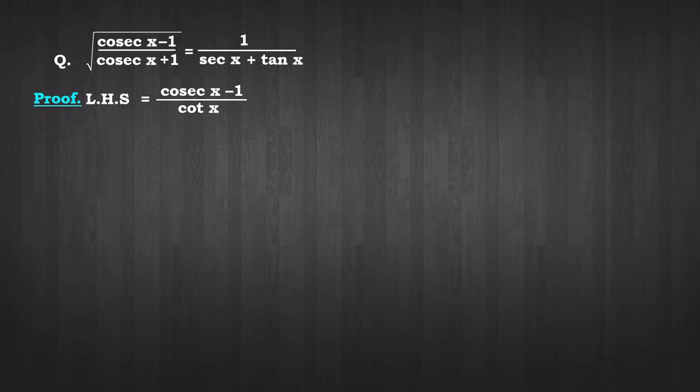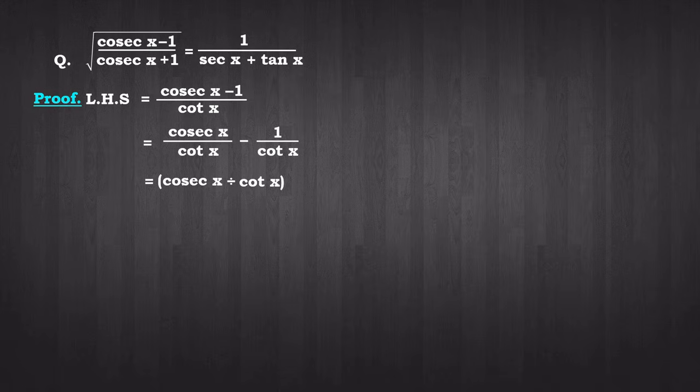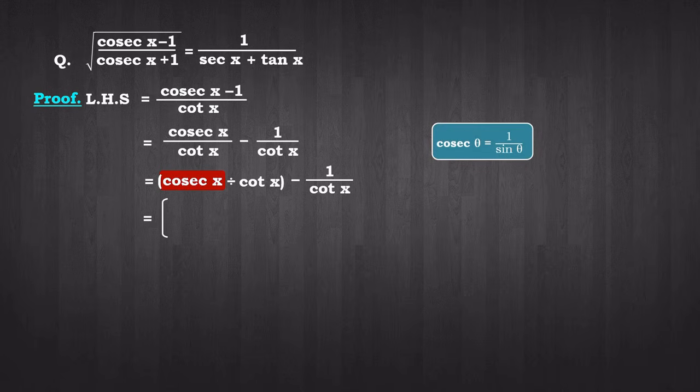Continuing from the previous step, we have the left-hand side equal to (cosecant x minus 1) divided by cotangent x. Now split the fraction. We get cosecant x divided by cotangent x minus 1 divided by cotangent x. We know that cosecant x is equal to 1 upon sine x, and cotangent x is equal to cosine x divided by sine x.